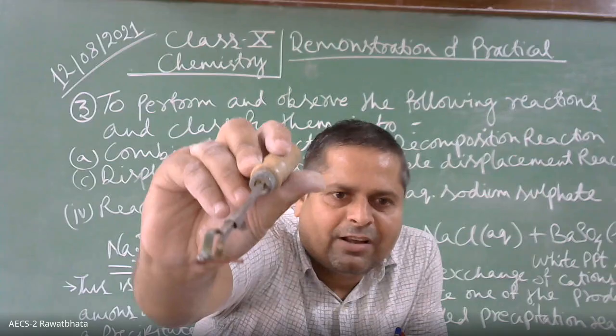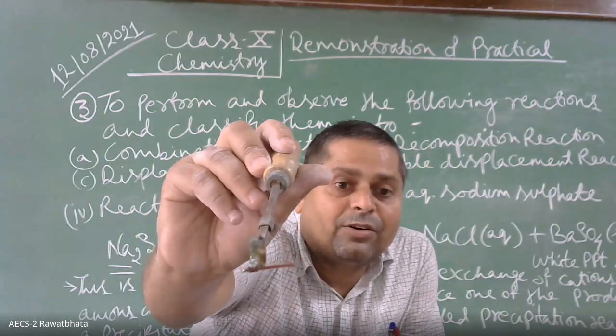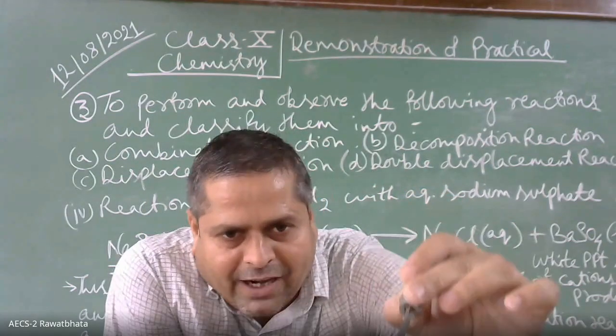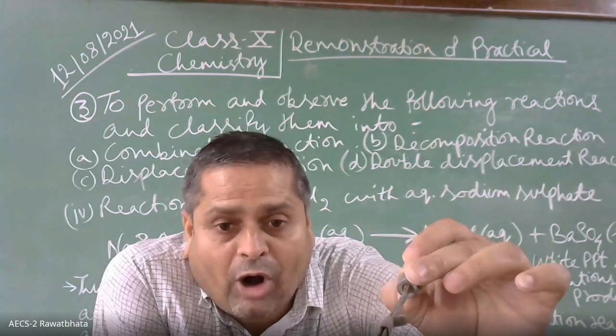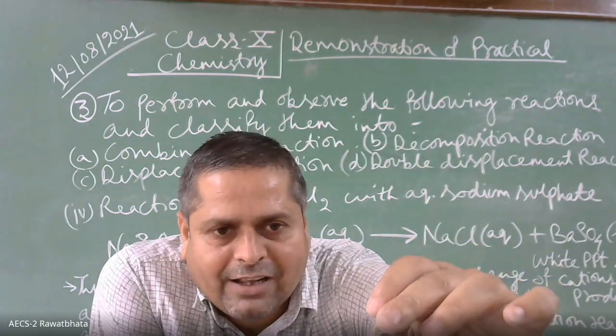Yes, sir. What does this indicate, children? Iron is more reactive than copper. Iron is more reactive than copper, and copper gets deposited on the iron nail.